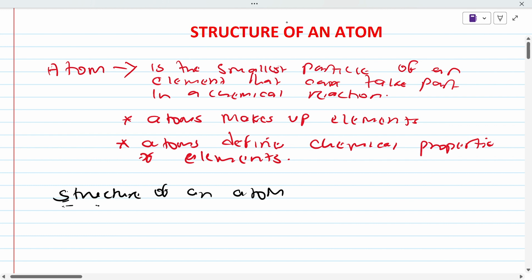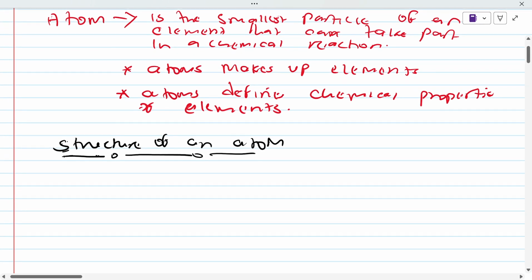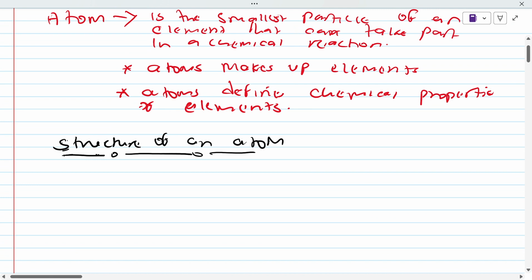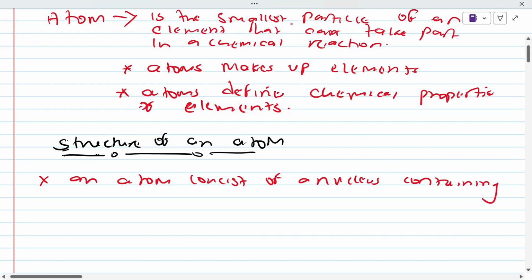Now, the first key thing we need to know as far as structure of an atom is concerned is that an atom consists of a nucleus containing protons and neutrons.